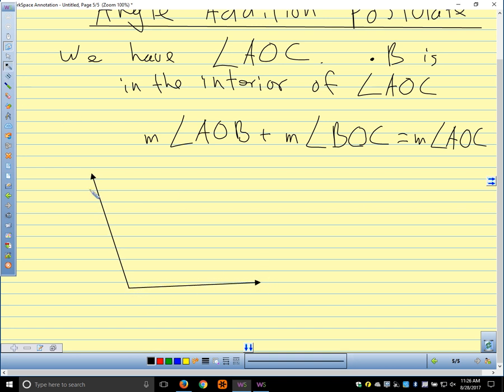There's my angle AOC. So O is my vertex. There's point A. There's point C. And point B is in the interior.